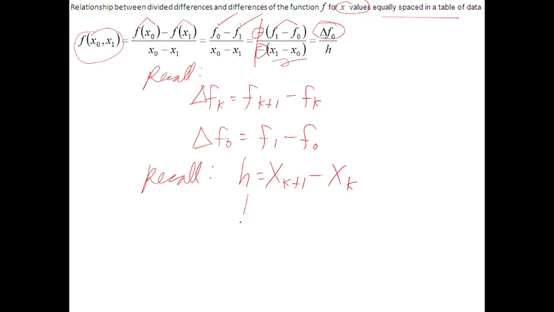If k is 0, x sub 1 minus x sub 0 is simply h. In my previous discussion, I have introduced this.